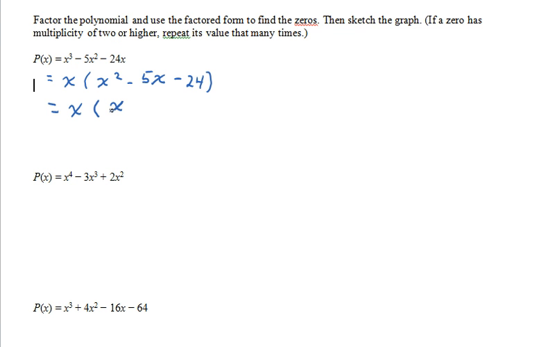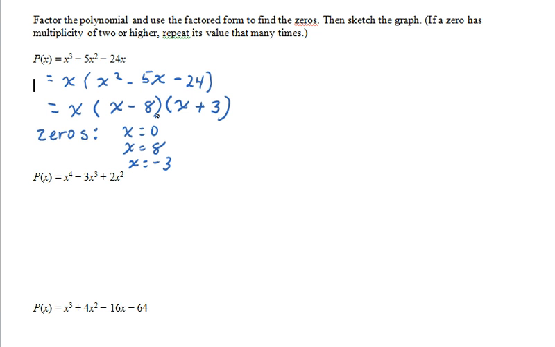So x minus 8 times x plus 3. So the zeros are x equals 0, x equals 8, and x equals negative 3.